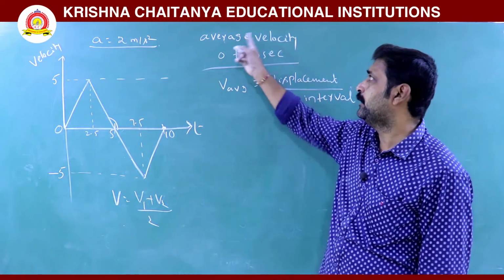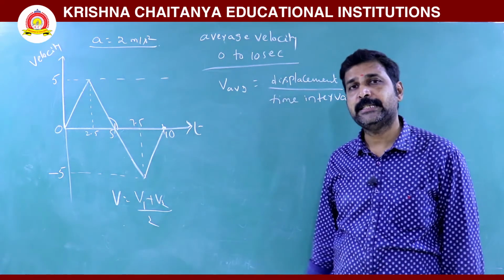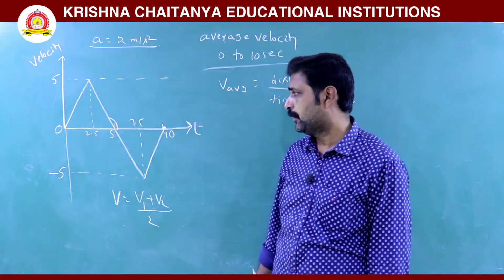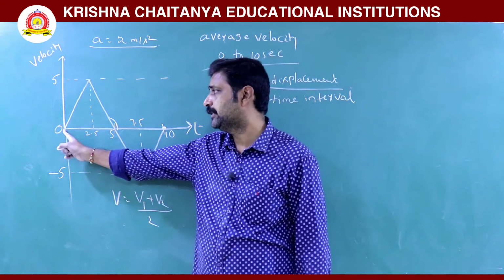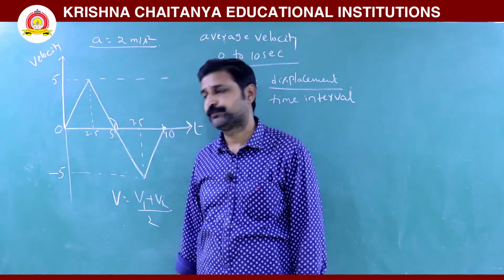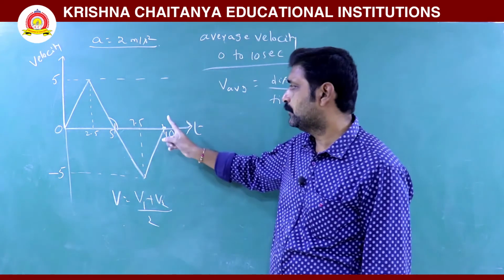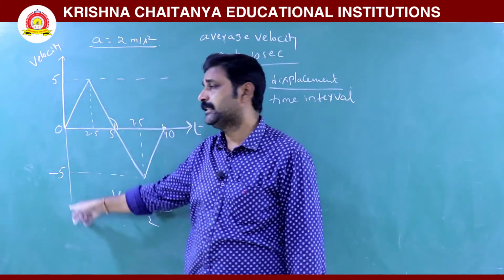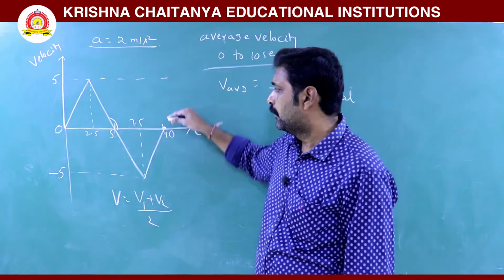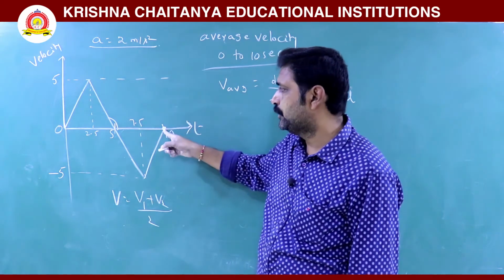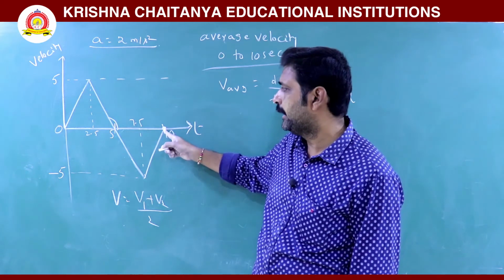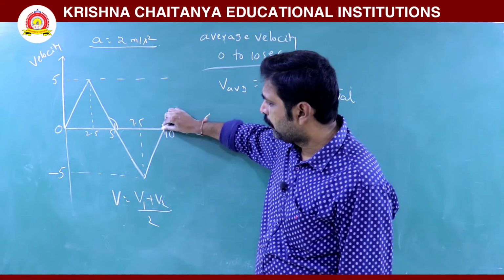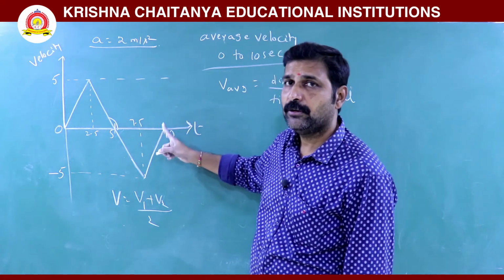Then v average is equal to v1 plus v2 by 2. And you are asked to find average velocity from 0 to 10 seconds. Now here, what is v1? At time t equal to 0, v1 is 0. When t2 is equal to 10, again velocity is 0. Why? Because velocity is on the y-axis, so the y coordinate on the x-axis is always 0.